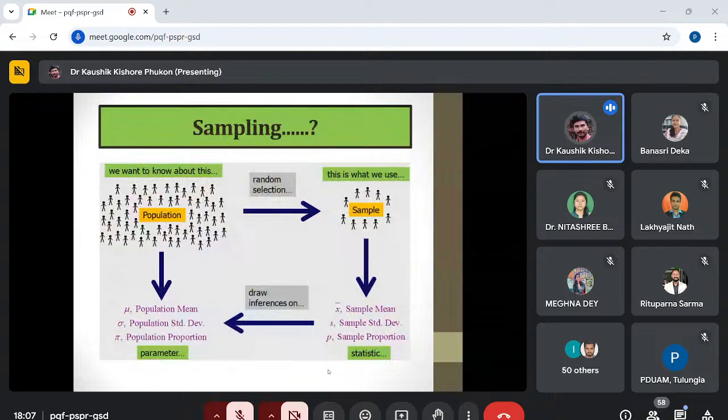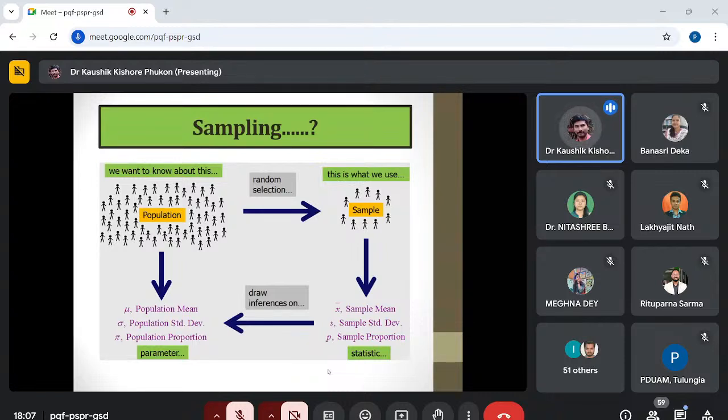Sampling. In sampling, we must have a population from where we try to obtain a group of elements which is smaller in number than the population and also represents different characteristics of the population up to a desired level.